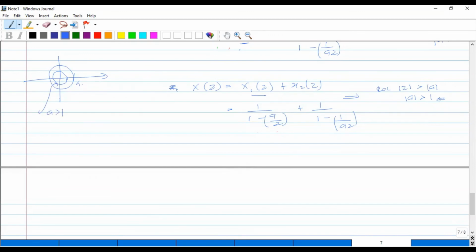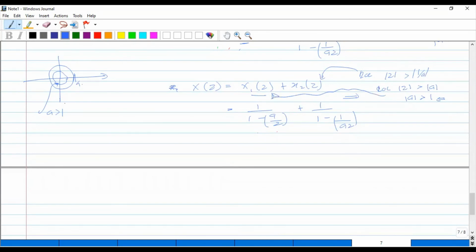Let's say a is 2, but 1 by a. For the x2 signal, the ROC is z greater than 1 by a, not a. So this is for the x1 signal.